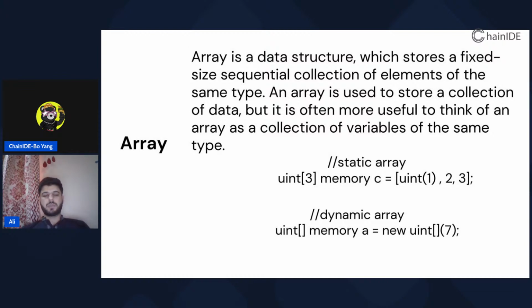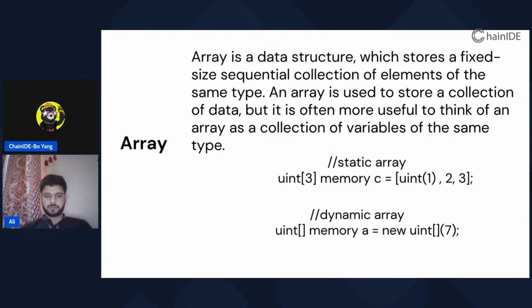For example, here we defined an array of unsigned integers with three values. We can store three values at index 0, index 1, and index 2. Here we stored 1 at index 0, here we stored 2 at index 1, and here we stored 3 at index 2.